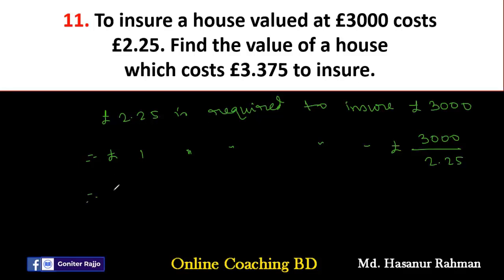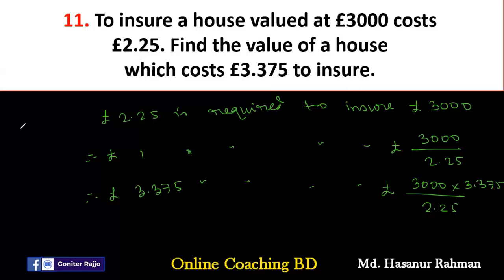Then we can write the final thing, that is 3.375 pound is required to insure the house of which cost 3,000 multiplied by 3.375 divided by 2.25. Now we have to divide. After dividing this one, we will get our final answer.